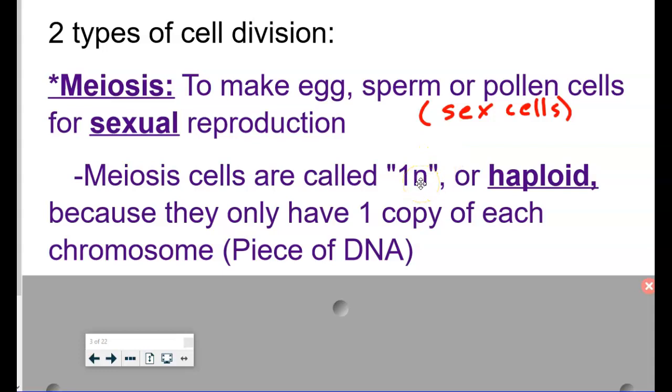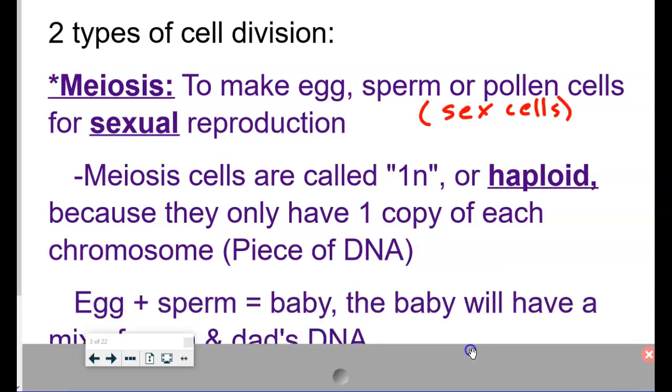These cells only have one copy of each chromosome. A chromosome is a piece of DNA that we've wrapped up. So instead of one long mess of string, it's been wrapped up kind of like a ball of yarn, so it's easy to handle. Egg and sperm cells, pollen if you're a plant, only have one copy of each piece of DNA inside.